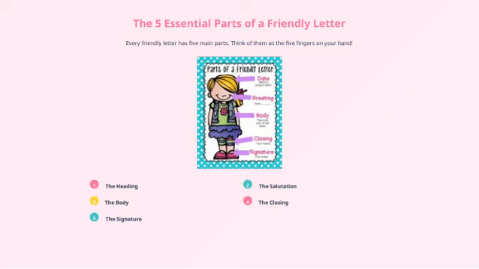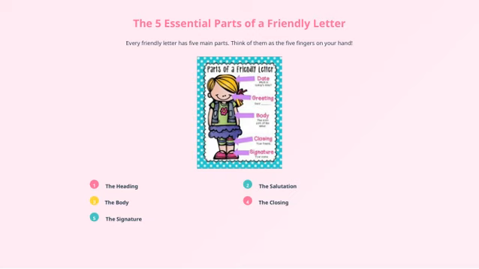Now, let's take a closer look at the 5 essential parts of a friendly letter. Think of these parts as the 5 fingers on your hand, each one playing an important role. First, we have the heading, which includes your address and the date. This helps the reader know when and where the letter was written. Next is the salutation, which is how you greet the person you're writing to, like "Dear Mom" or "Hello, John."